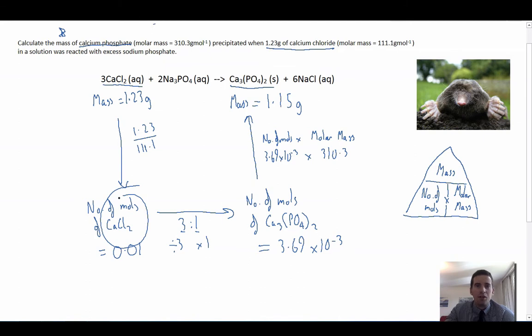Just be aware of what they're asking for in the question. But these are the steps you need to follow, and it won't get more complicated than this for this type of question, okay? Mass to mass requires the most steps, more than mole to mole or mole to mass, okay? So if you know how to do all these steps, any other related question you can do as well.